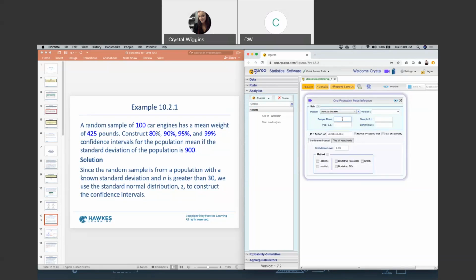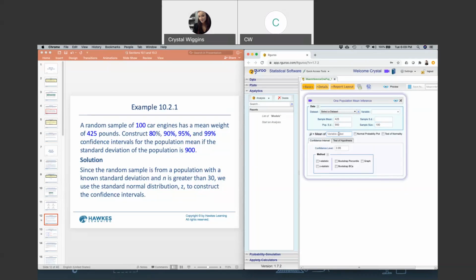Right now, we're going to enter in our sample mean, which is 425 pounds. We don't know the sample standard deviation, but that's okay because we'd rather have the population one, which is 900. Our sample size is 100. Now, you do need to label the mean variable, or it will remind you and pop up a box and say, hey, you forgot to label mean.